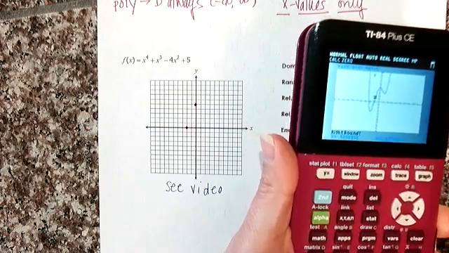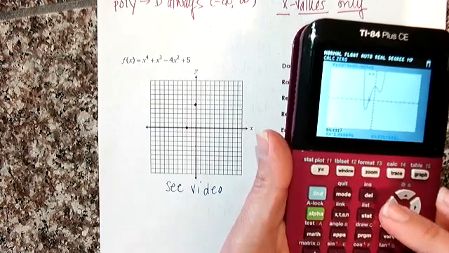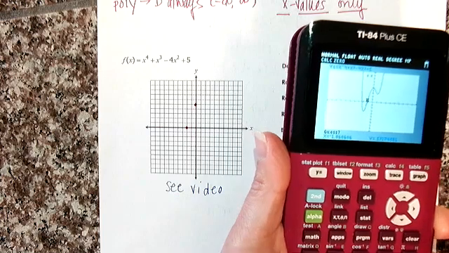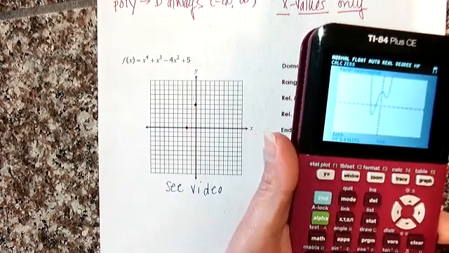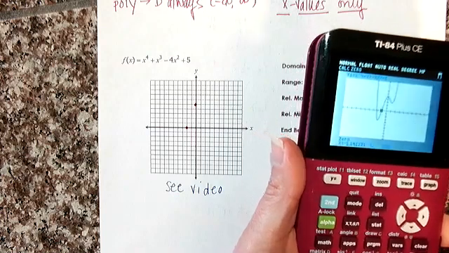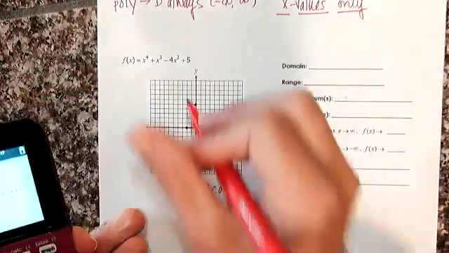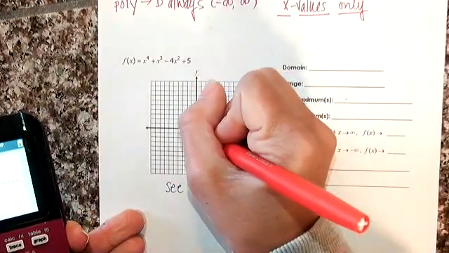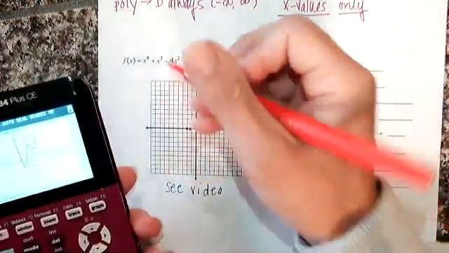Above the x-axis, push enter. Guess means put your cursor really close on top of that point that you want. Push enter, and I get negative 1.14. I know this is fuzzy. My graph says negative 1.14. Whatever, good enough. And then I'm just going to sketch the rest of this.